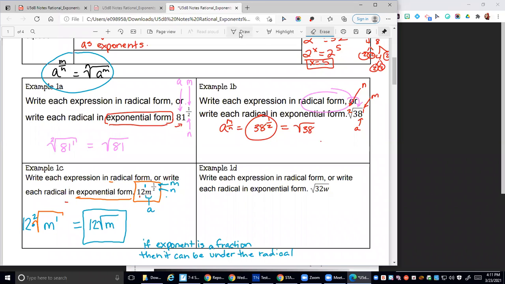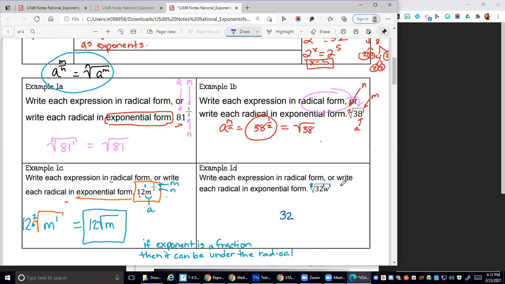All right, so here we are for the very first time looking at example 1D. And the difference here is that everything is under the radical. Let's put in those ninjas. We have a 2 here, and we have a 1 right here, and we have a 1 right there, right? So here's the idea. We have more than one base, right? We have more than one a. So I'm going to pull that 32 down, okay?